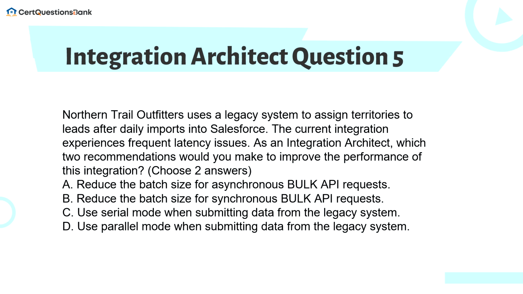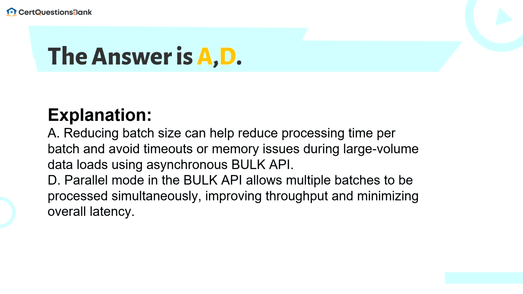A. Reduce the batch size for asynchronous bulk API requests. B. Reduce the batch size for synchronous bulk API requests. C. Use serial mode when submitting data from the legacy system. D. Use parallel mode when submitting data from the legacy system. The answer is A.